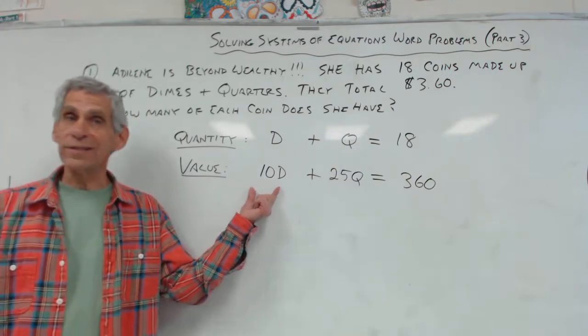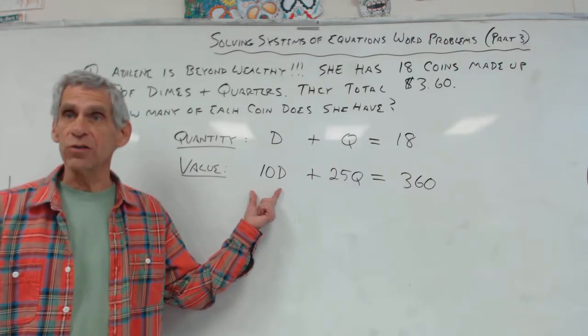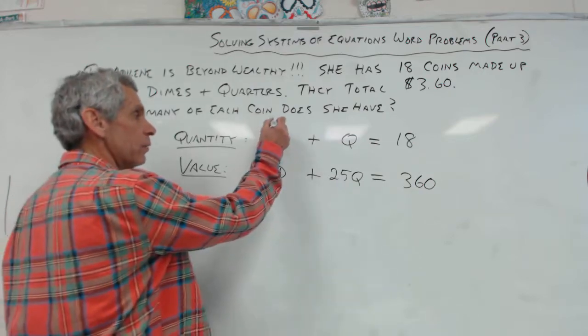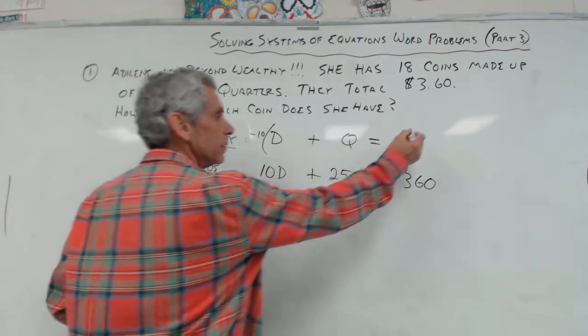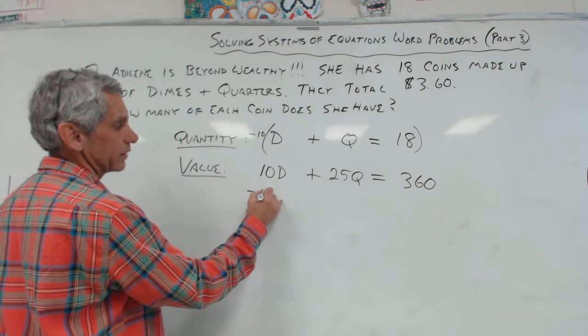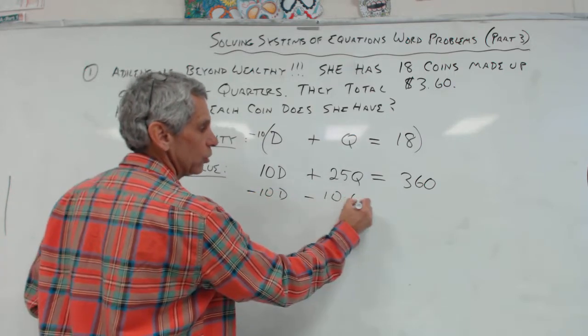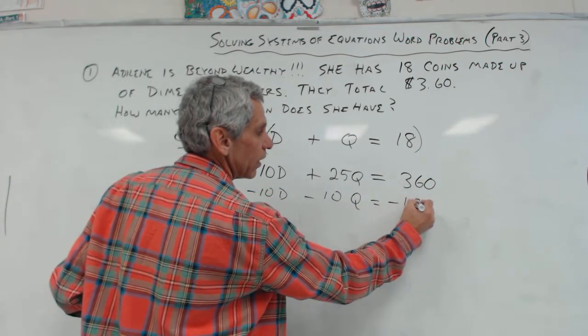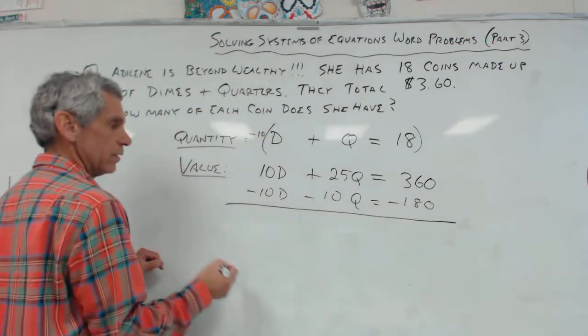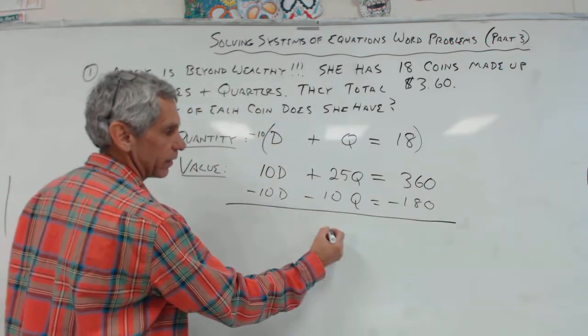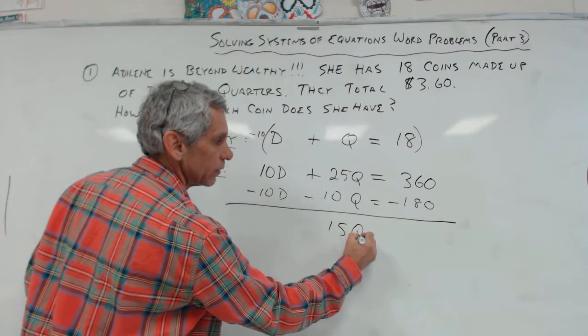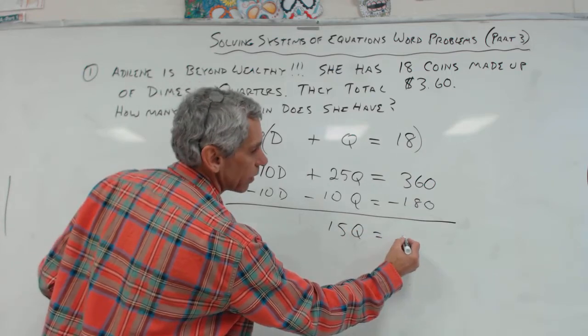When you have dimes, 10s are really easy, because you can do all this in your head. So I would multiply it times negative 10. And then it's negative 10D minus 10Q is equal to negative 180. Suddenly those cancel out, and I have 15Q is equal to 180.